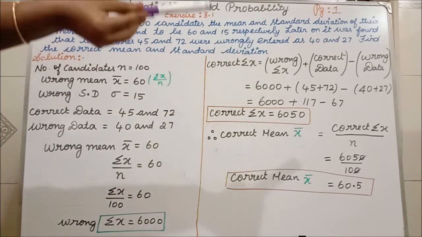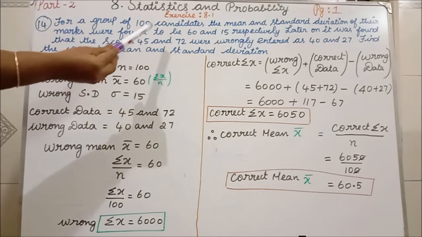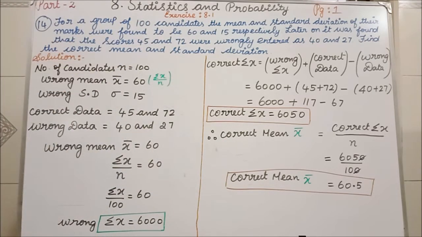Later on it was found that the scores 45 and 72 were wrongly entered as 40 and 27. Find the correct mean and standard deviation.